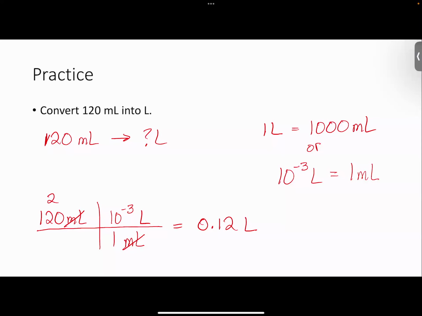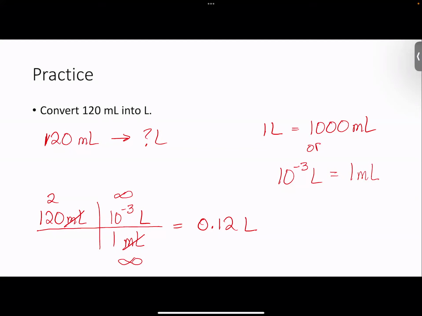Because there is an assumed decimal point, that means that 0 is not significant. So there is only 2 significant digits. Your metric prefix conversion factors are exact quantities. Therefore, they have an unlimited number of significant digits.